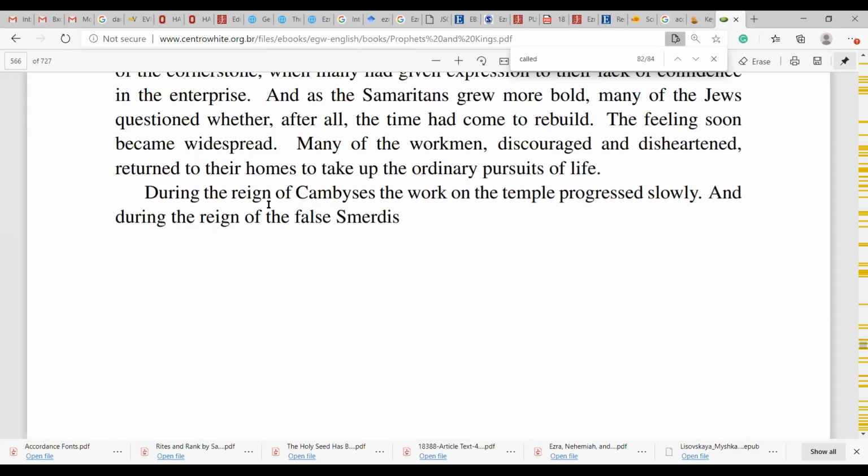He is not a false Smerdis, and it actually doesn't make sense for him to be, because there is a very easy, good sequence of the kings: Darius, Ahasuerus is Xerxes, and after that we have Artaxerxes of Persia.